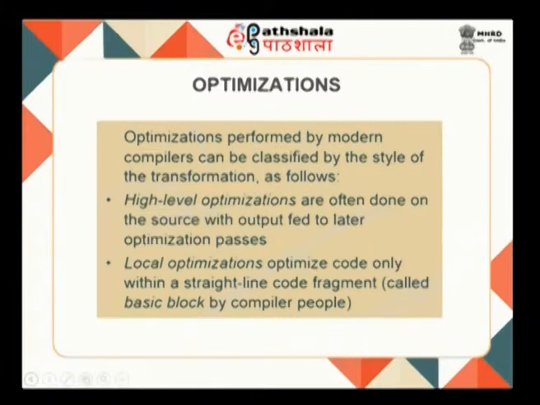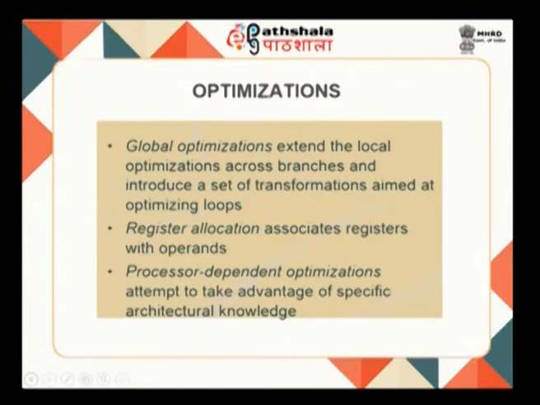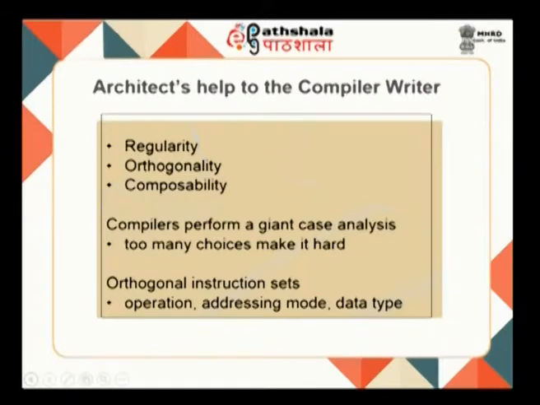When you look at optimizations performed by the compiler, it may be high level optimizations or local optimizations that optimize code within only a straight line fragment. The basic rules that the hardware can provide to support the compiler writer are regularity, orthogonality and composability.